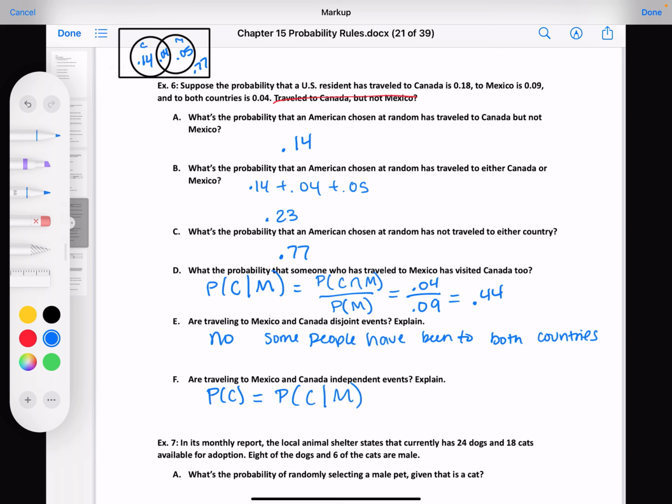The probability of Canada was given to us in the problem to be 0.18. And the probability of Canada given Mexico, we found in part D, was 0.44. Those are not equal, so not independent.